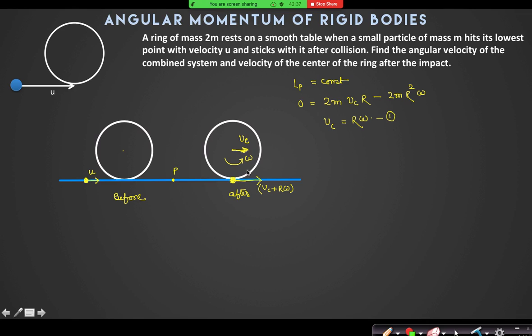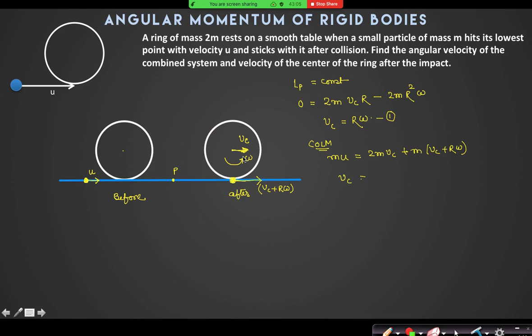Any other thing you can conserve? Apart from this angular momentum, what else can we conserve? Linear momentum. So conservation of linear momentum will give me m into u is equal to 2m Vc plus m into Vc plus R omega. Yes or no? So that is 2m Vc plus 2m Vc, 4m Vc.